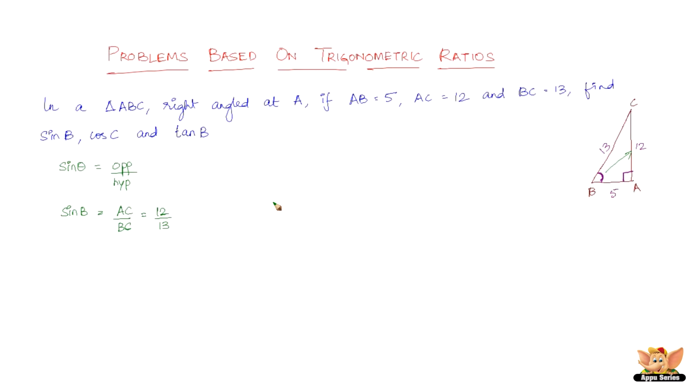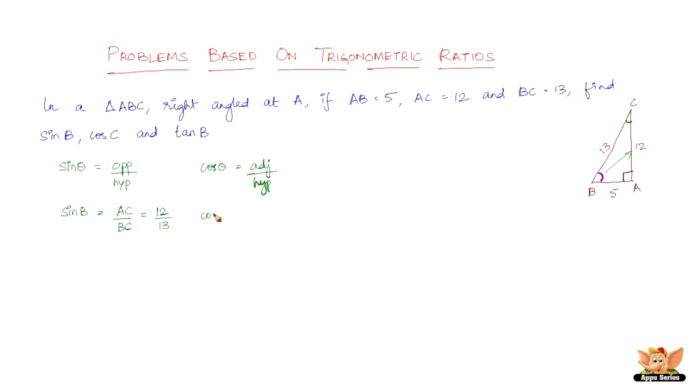The next one that we need to find is cos C. Before we go to cos C, let us see what cosine of theta is. Cosine of theta is adjacent by hypotenuse. In this case, we need cosine of C. The angle C is here.